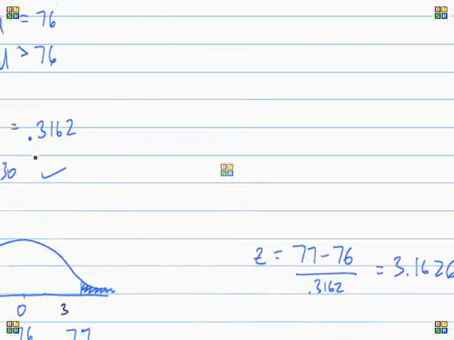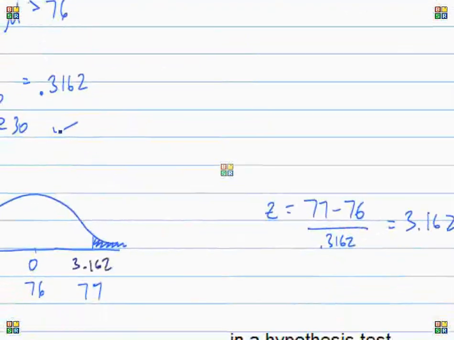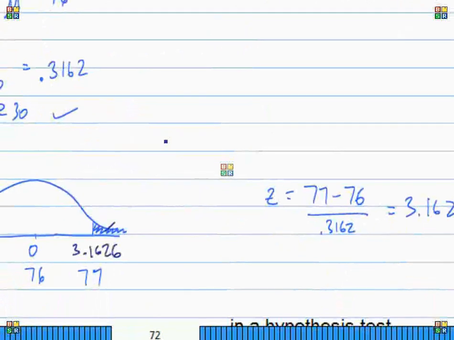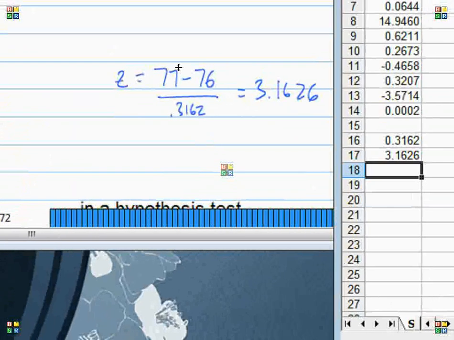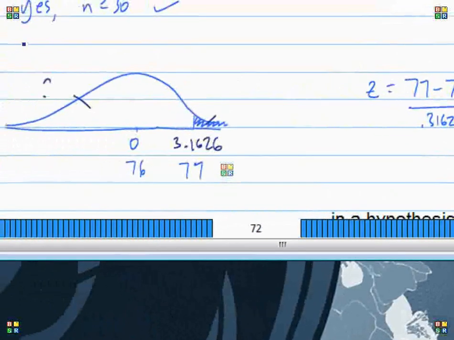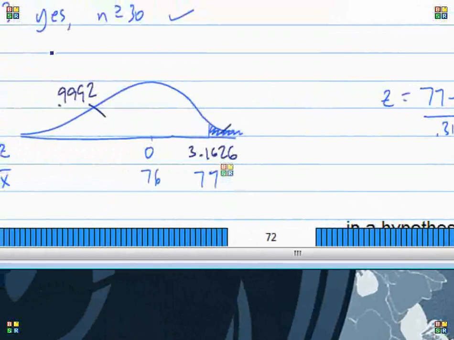We fill that in. And now what do we do? Now we have to find the area. So you get NORM.S.DIST of 3.1626, and that gives 0.9992. So that also gives you an area in the tail of 0.0008.